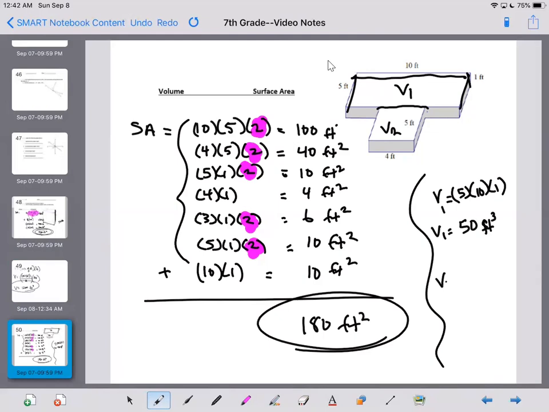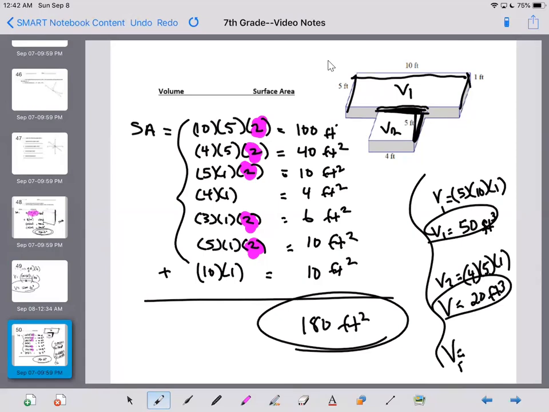Volume 2 would be 4 by 5 by 1. And so that would be 20 cubic feet. And so we would just need to add the 2 volumes together to get the total volume, which would be 70 cubic feet. So we just broke up that piece into different volumes, thinking of the length, width, and the height.